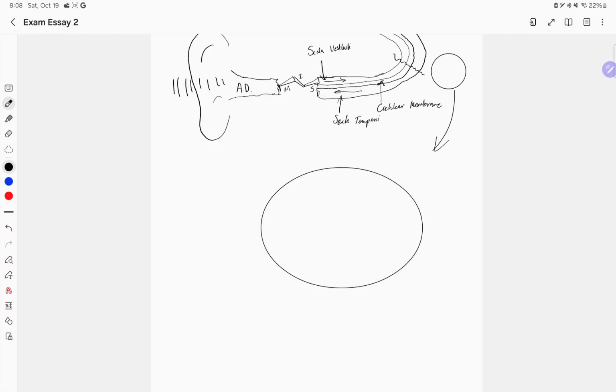I'm just going to divide this up like this. So we have scala vestibuli here, scala tympani here. These act as the ECF, and then your cochlear membrane here.